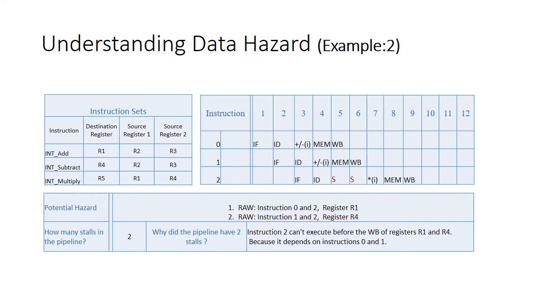That means instructions 0 and 1 can execute simply, but instruction 2 cannot, because it has a delay time. It has the delay because instruction 2 cannot execute before the write back of register R1 and register R4, since it depends on instructions 0 and 1. So here 2 stall times happen.